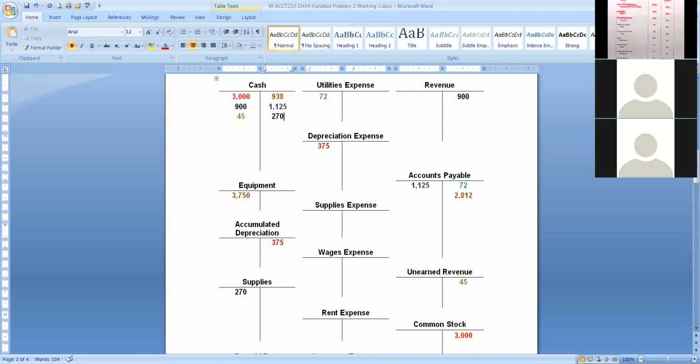Supplies expense, 203. Supplies, 203. Actually, if you look at this one, you kind of see what happened here.